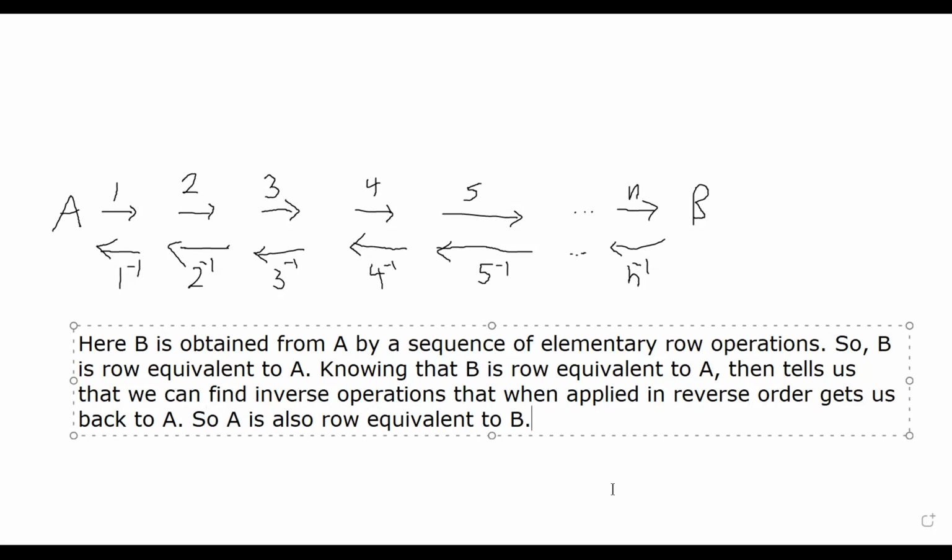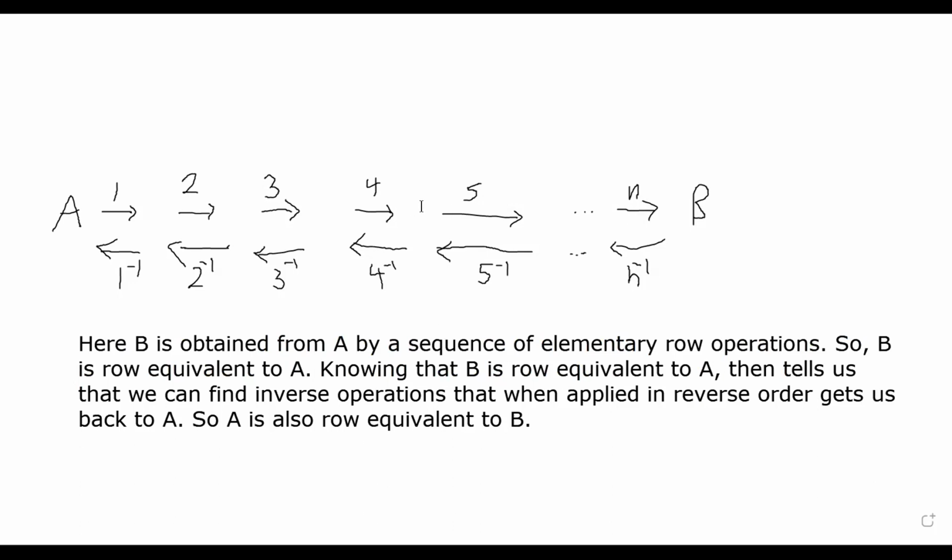So knowing that B is row equivalent to A, that we can find a sequence of elementary row operations getting us from A to B, means that if we do the inverse operations in reverse order, meaning instead of the first to nth, we do the inverse of the nth to the inverse of the first, we can go from B to A. And so A row equivalent to B implies B is row equivalent to A, and B row equivalent to A implies A is row equivalent to B. And so instead of saying one matrix is row equivalent to the other, you just say that they're both row equivalent to each other.